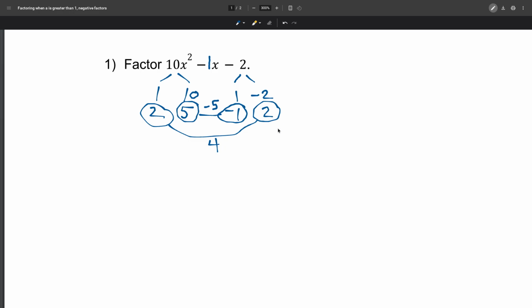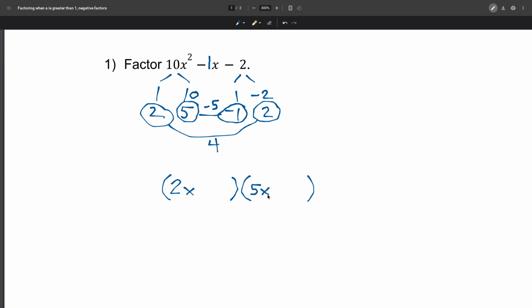You got to stay consistent with the pairs. 4 plus negative 5 is negative 1, so that equals the middle coefficient. So this is the combination I want. 2 and 5 are going to be my coefficients in front of x. So I'm going to have a 2x and a 5x.